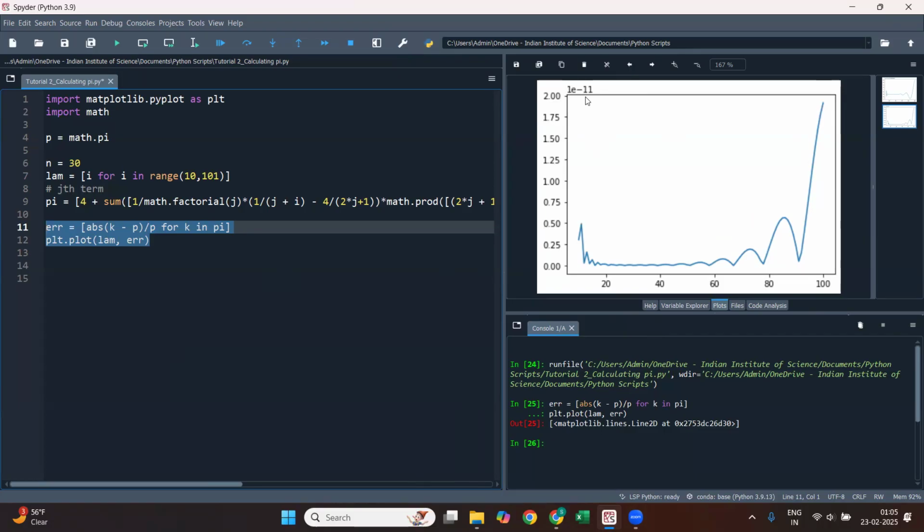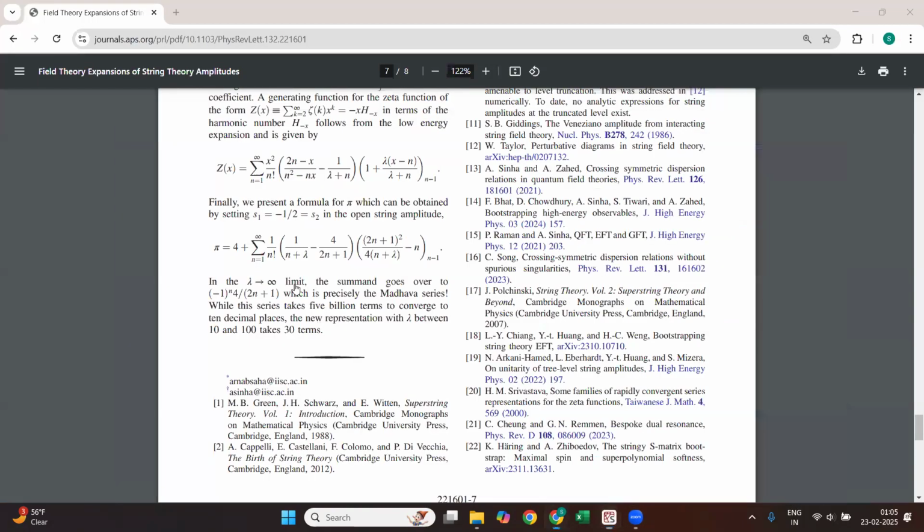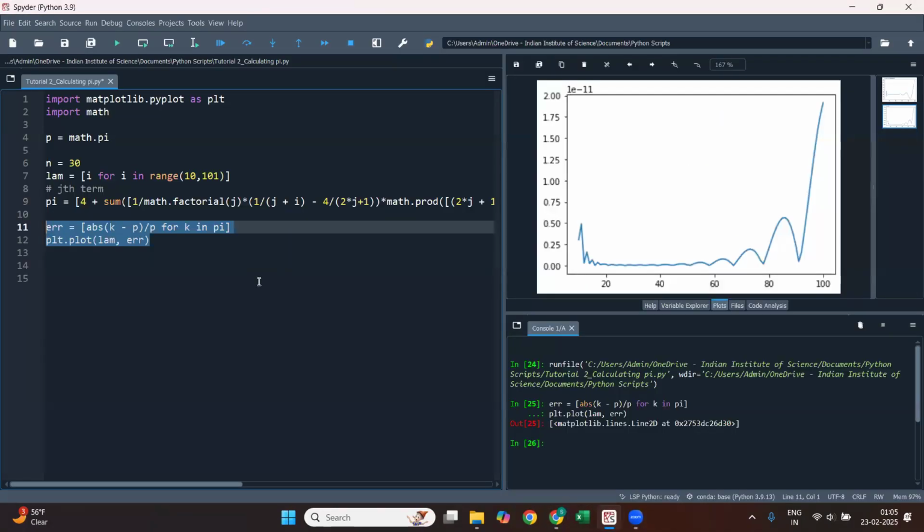That means I have been able to compute pi correctly up to 10 decimal places, which is what the paper did claim, that to converge to 10 decimal places, the new representation takes just about 30 terms. So that's really cool. That's a very cool way of representing pi.